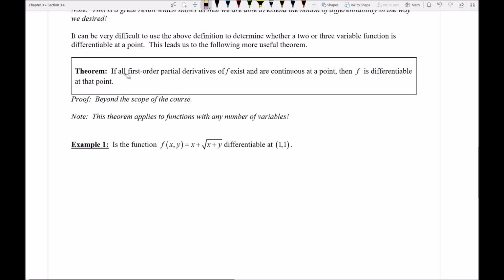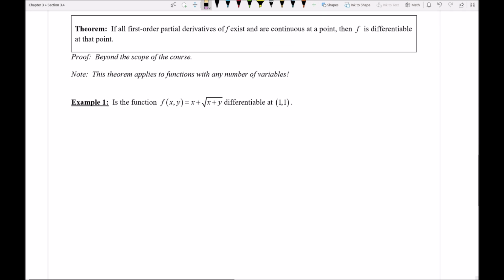But let's suppose I compute all of those and they all exist at a particular point. None of them come out undefined or anything like that. And they all represent continuous functions at that point. If those two things are true, then we can absolutely guarantee that f is going to be differentiable at that point. So let's see how that plays out in something simple like example 1.